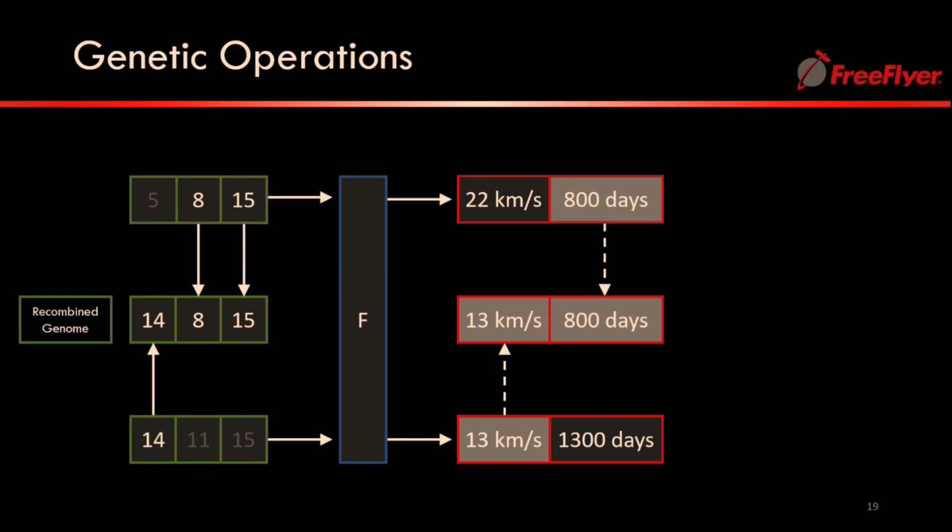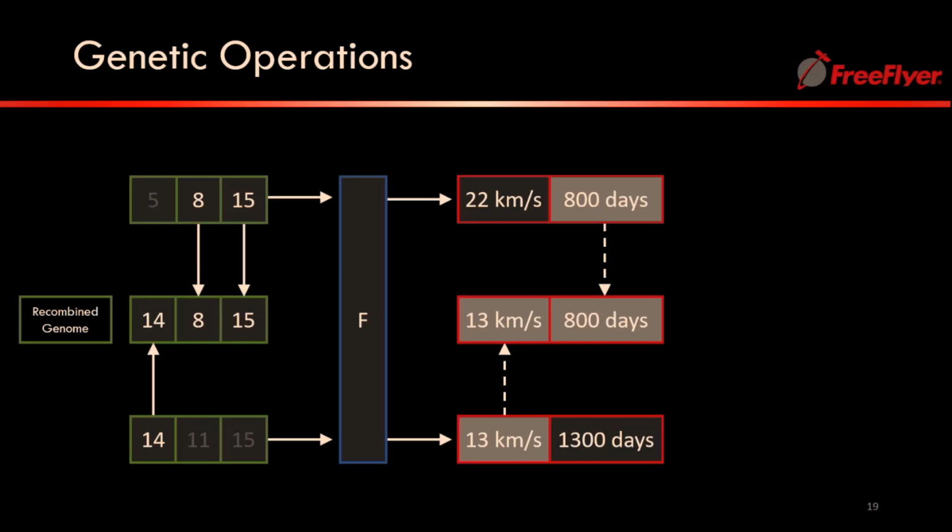Now, this doesn't happen all the time, doesn't even happen most of the time. But because we have the power of the modern CPU at our fingertips, we can do this operation over and over again very quickly. And as we do that, eventually we will come across instances where this does actually hold true, where we recombine a new genome and we retain some of those positive traits from both of them.